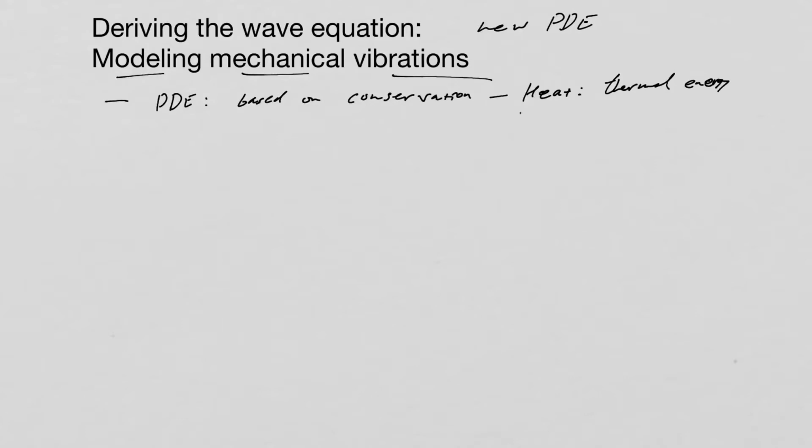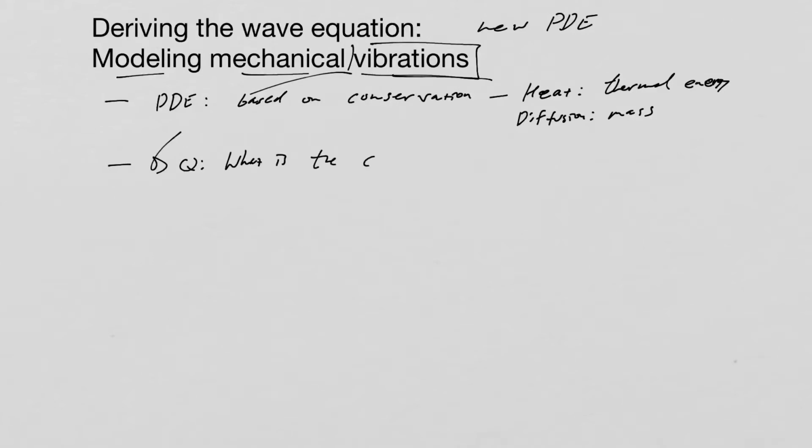And for the diffusion equation, what we had was mass conservation, right? So the question is, if we're going to be modeling vibrations, what is the conserved quantity?